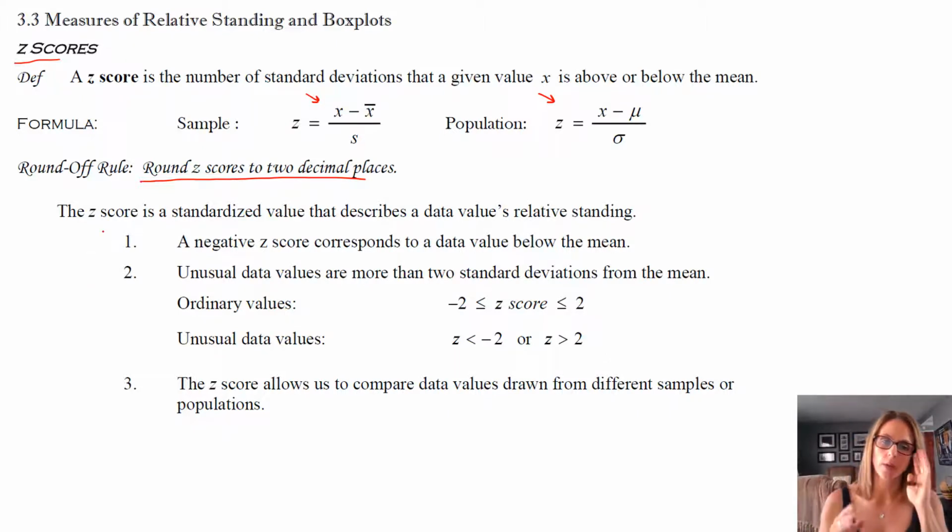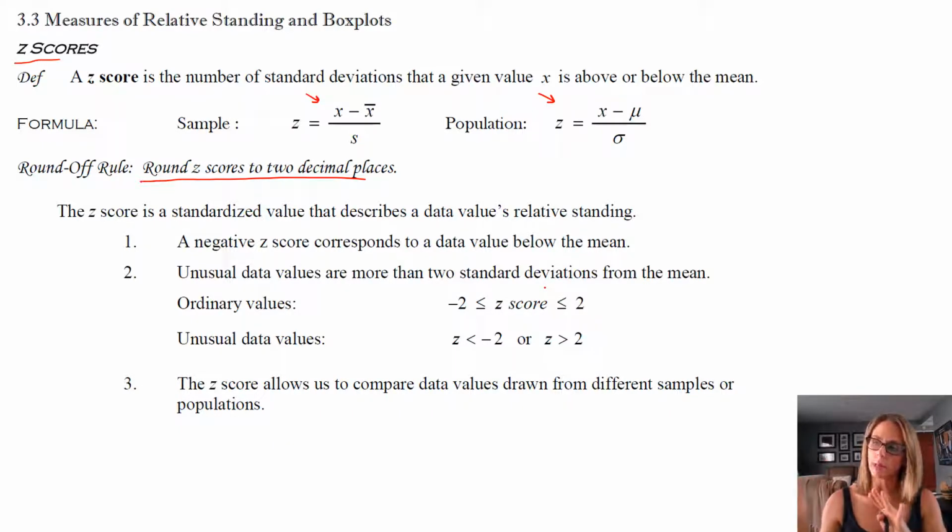A z-score, as it says, is a standardized value. What it allows us to do is compare, as you can see in number 3 here, data values from different samples or populations, as long as you know the mean and standard deviation of the sample or population. Typically, we say that if our z-score is between -2 and 2, it's ordinary, it's normal.